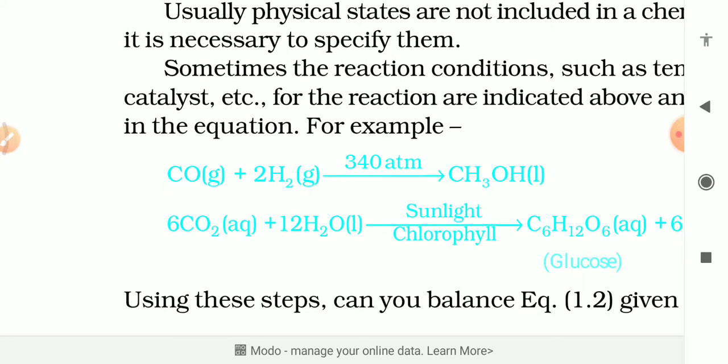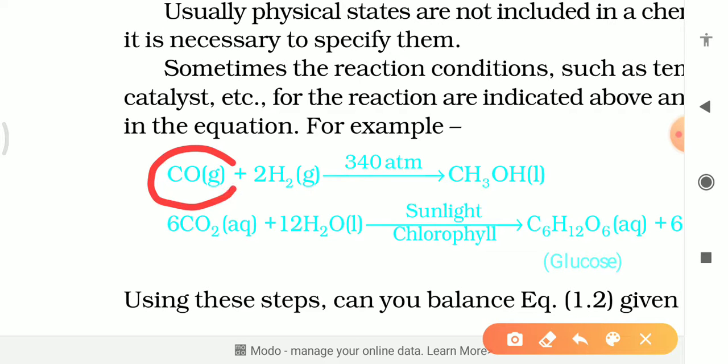Then see here in this reaction, carbon monoxide CO gas plus 2 H2 hydrogen gas in the presence of 340 atmospheric pressure will give rise to CH3OH. Here L is written, that means liquid.